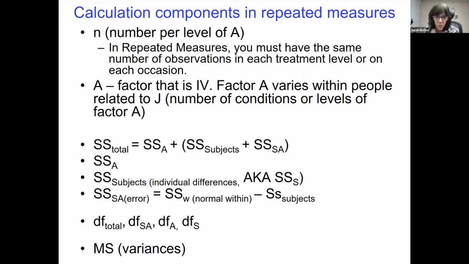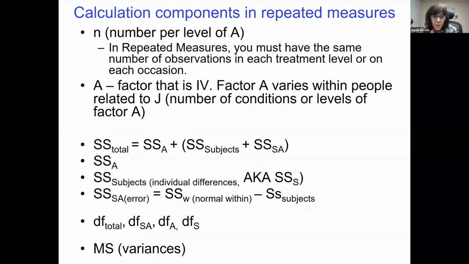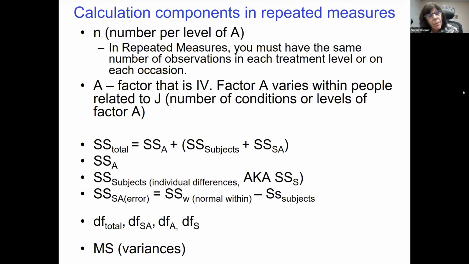variance due to factor. It's the predictable variances, variance due to the individual people, the variance that has been modeled because you have people repeatedly measured, and it has what's called SSSA, which is the remaining variance that isn't modeled by either the factor or the predictable variance within subjects.